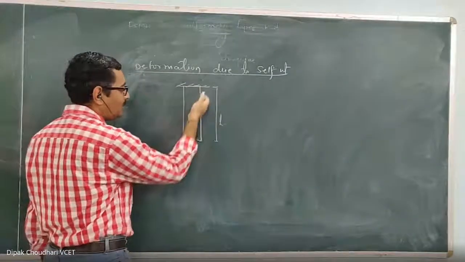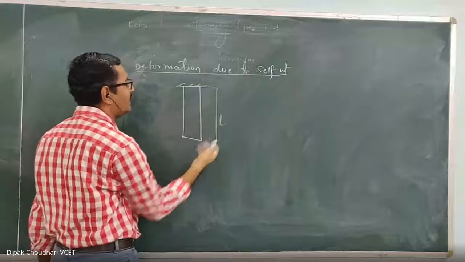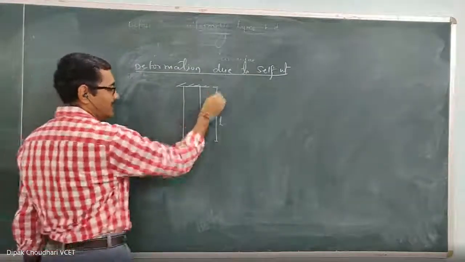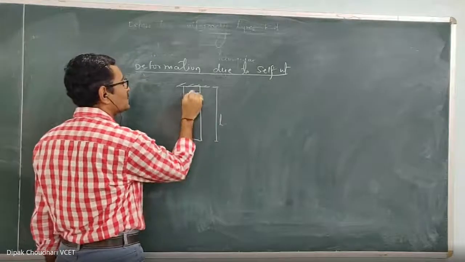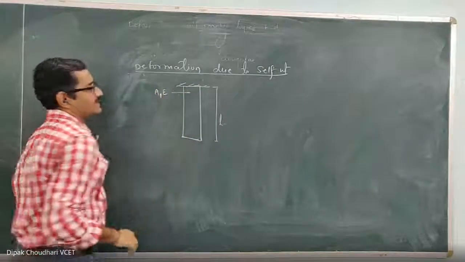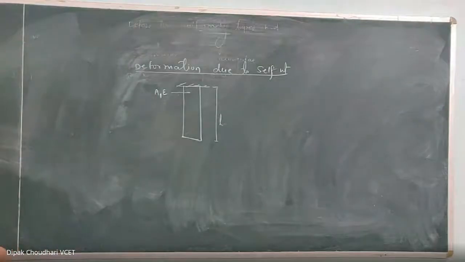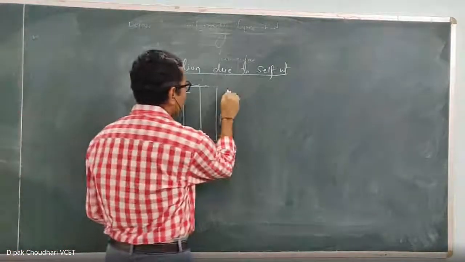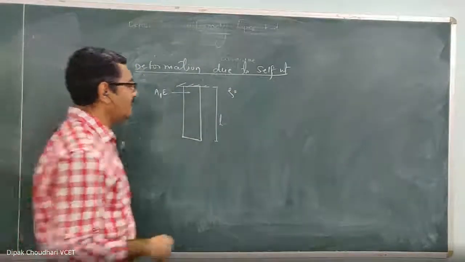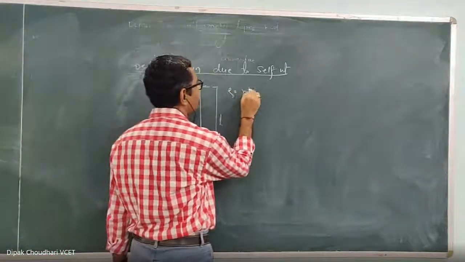We have to find out the deformation of this rod over the length of L meters because of its self weight. So let L be the length, A the cross-sectional area, and E the modulus of elasticity for this rod. Now let rho, which is the property of that material, be the weight density.